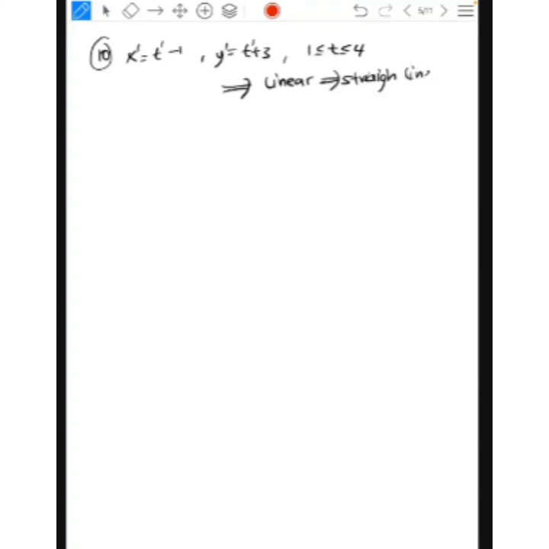Okay, but if only one of the parameters is other than to the power of 1, then your curve is no longer a straight line. For example, if I have x equals t to the power of 2, it is no longer a straight line.